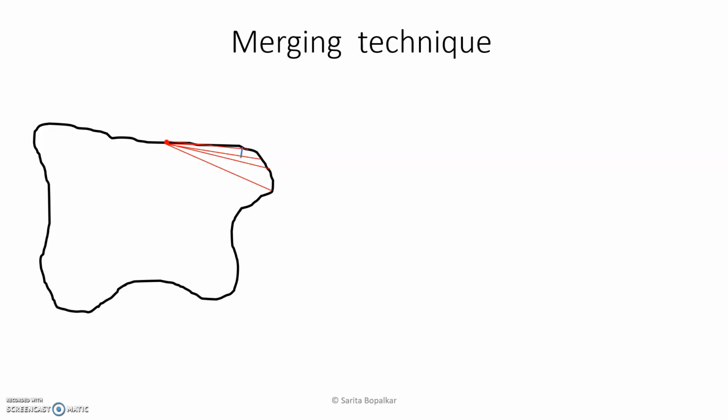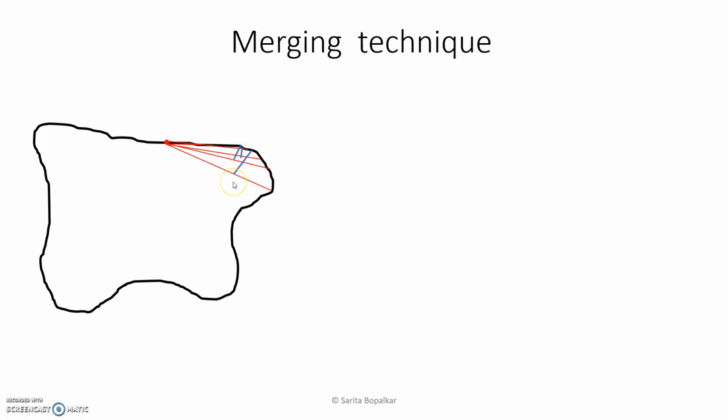We will find the maximum perpendicular distance from the boundary to this line segment. For each line segment, we will find the maximum perpendicular distance from the boundary. For this line segment, again for this line segment, like this for each line segment, we will find the maximum perpendicular distance from the boundary to this line segment.